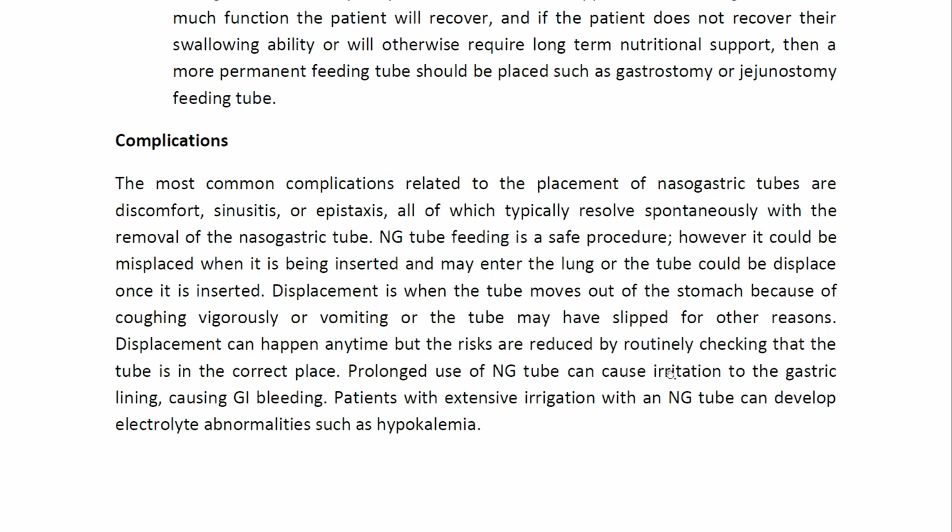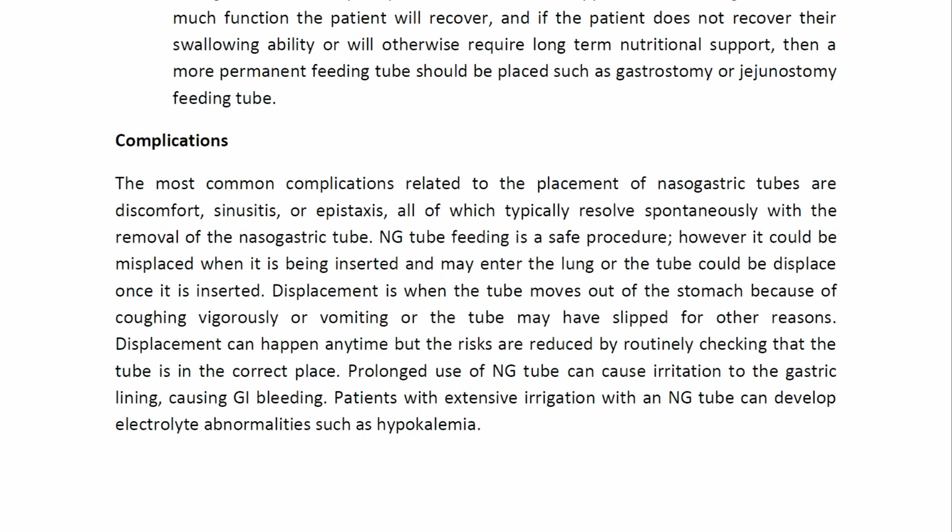Complications. The most common complications related to the placement of nasogastric tubes are discomfort, sinusitis or epistaxis, all of which typically resolve spontaneously with the removal of the nasogastric tube. NG tube feeding is a safe procedure, however, it could be misplaced when it is being inserted and may enter the lung, or the tube could be displaced once it is inserted.